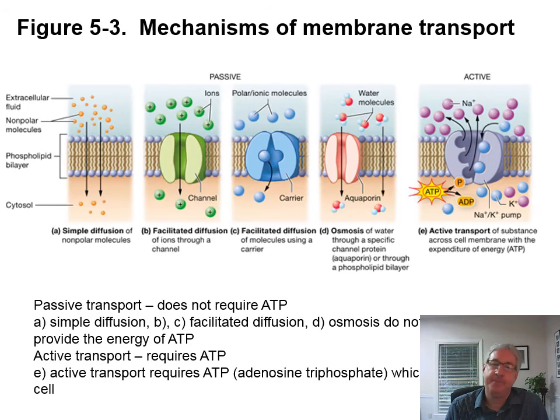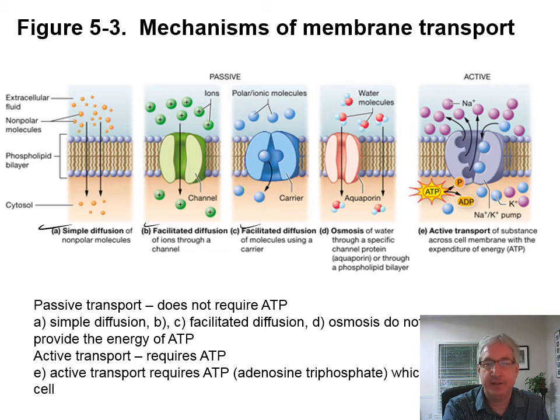Okay, next slide. Okay, membrane transport. You're going to go over this in your class and lecture. But I thought I'd do this also in here because it's in your book. Okay, there are different types of transport, and we're going to talk about simple diffusion, facilitated diffusion.